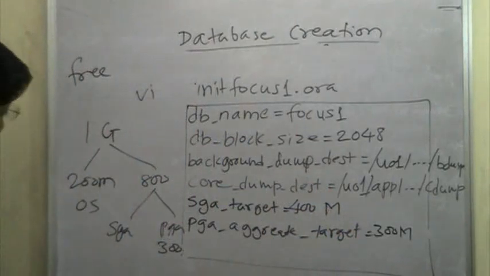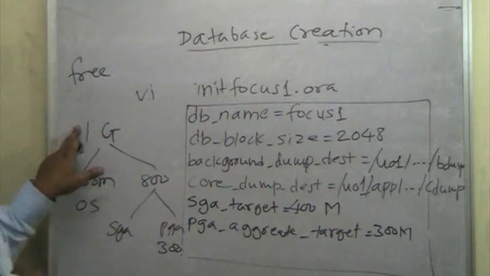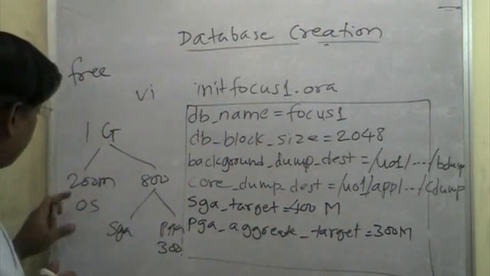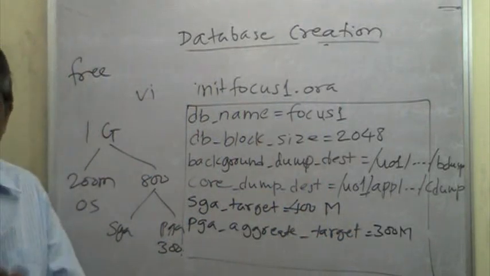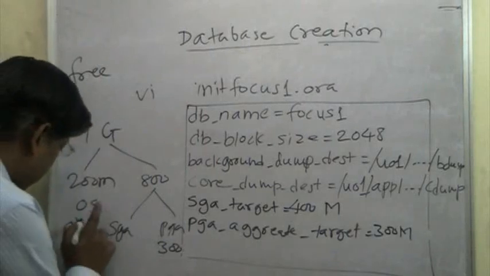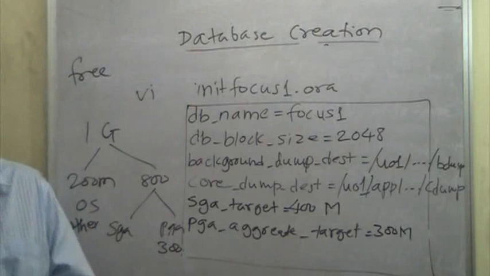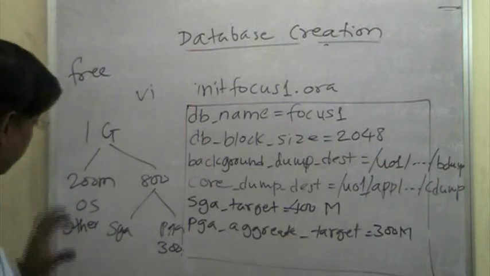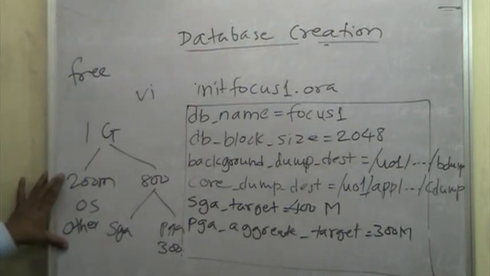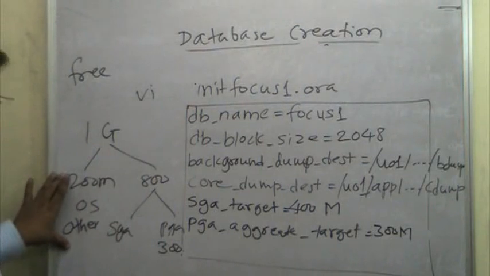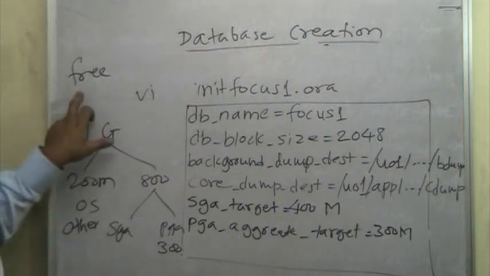Let me repeat this. I have 1 gigabyte of RAM on my machine. Out of that, 200 megabytes is taken by the operating system and other programs. Other programs could be, maybe, an HTTP web server running on that machine, and a certain amount of memory is taken by that. How can you find that out? Use the free command.